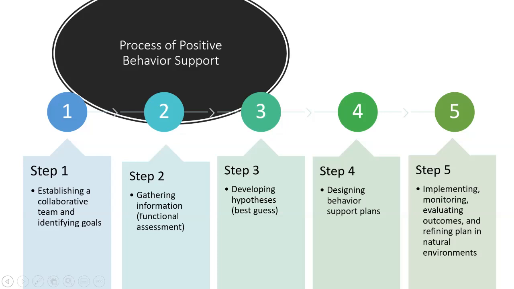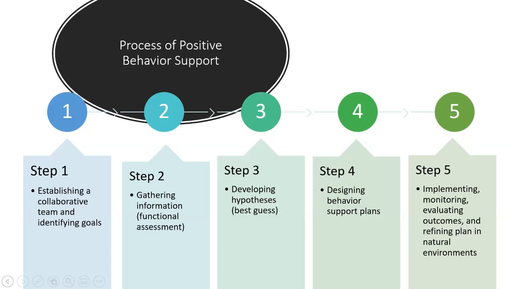Step 2, gathering information for a functional assessment. So we're going to gather information through observations and discussions with folks that know that child well, such as the family. We'll do an ABC analysis: antecedent, behavior, consequence.